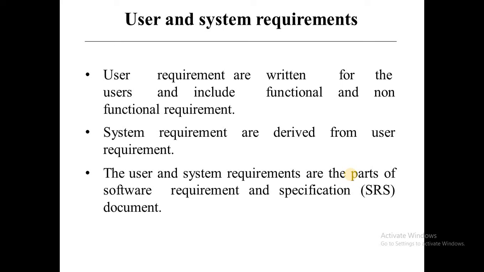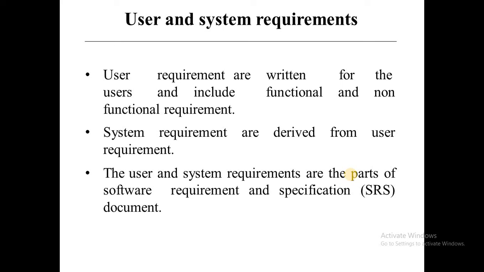Suppose you want to build a house. Obviously we contact an architect or engineer. You will tell your requirements, that is, the user requirements. You will tell how your house should look: two bedrooms, one kitchen, hall, etc., and the design also.